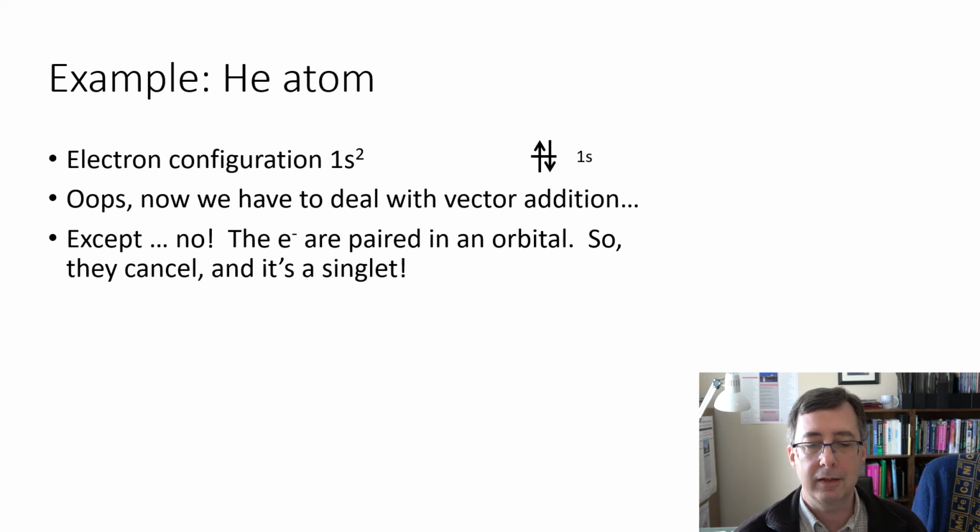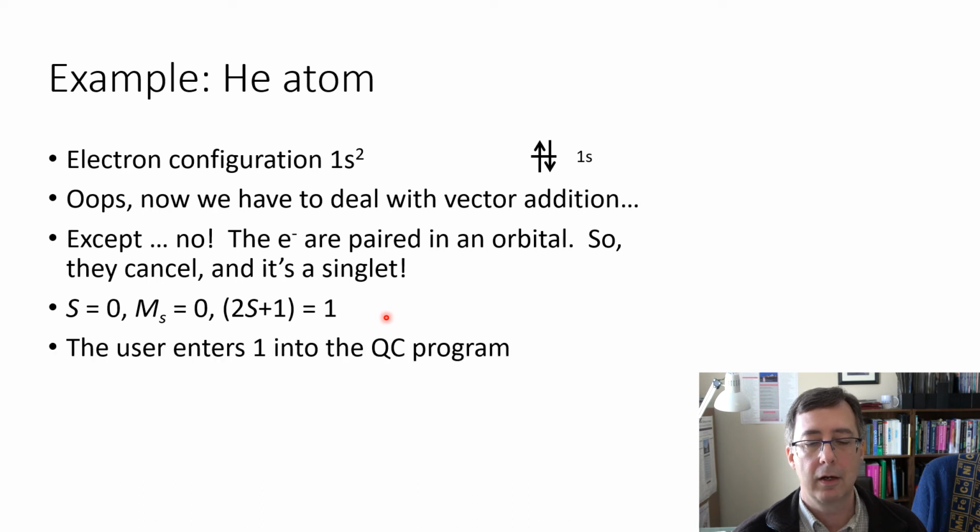So this is a singlet, and for a singlet, S equals 0, M sub S has to be 0 in that case. 2s plus 1, plug in 0 here, 2 times 0 plus 1 is 1. It's a singlet, there's one possibility for the z projection of the total spin, and so you enter a 1 into the quantum chemistry program.